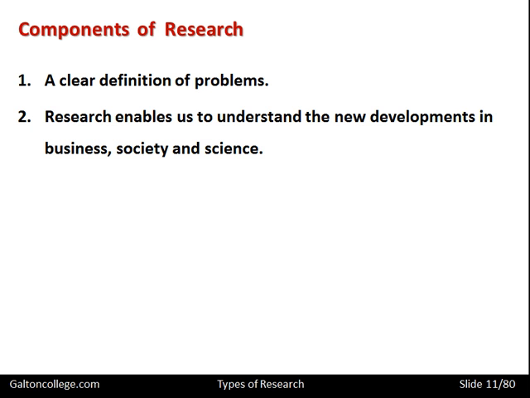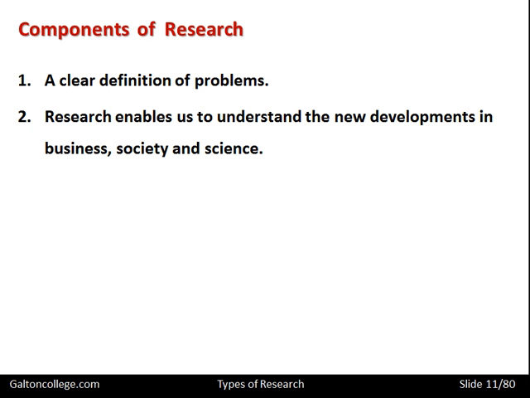Now let's look at the components of research. Well, first of all, there should be a clear definition of the problems. Exactly what is the problem? Why is research required? So what is the problem? The problem will justify the research. So what is the problem? It enables us to understand the new developments in business and in society and in science.